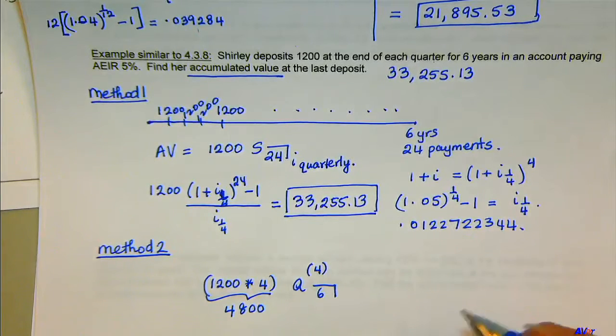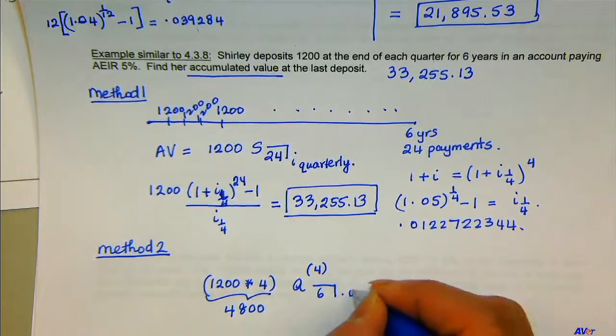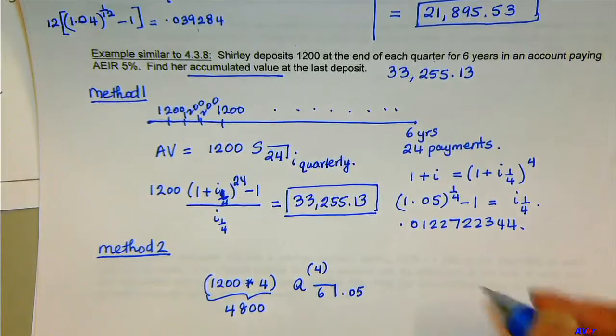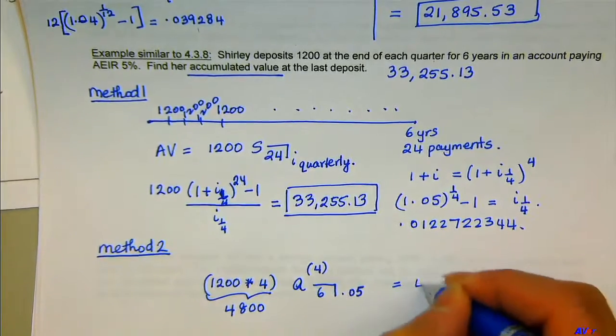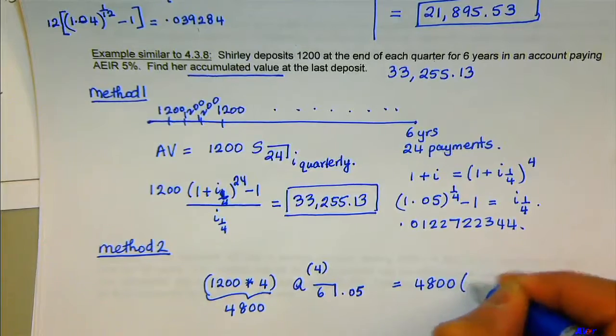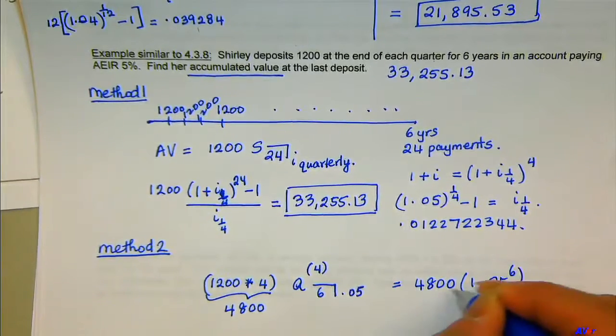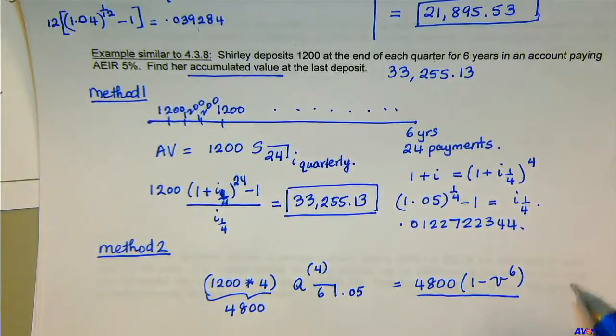Careful now. Annual, 0.05. Let's clean this up. 4,800. 1 minus v to the 6 over I4. So I4 is just 4 times the quarterly rate, right? When you clean this up, what do you get?